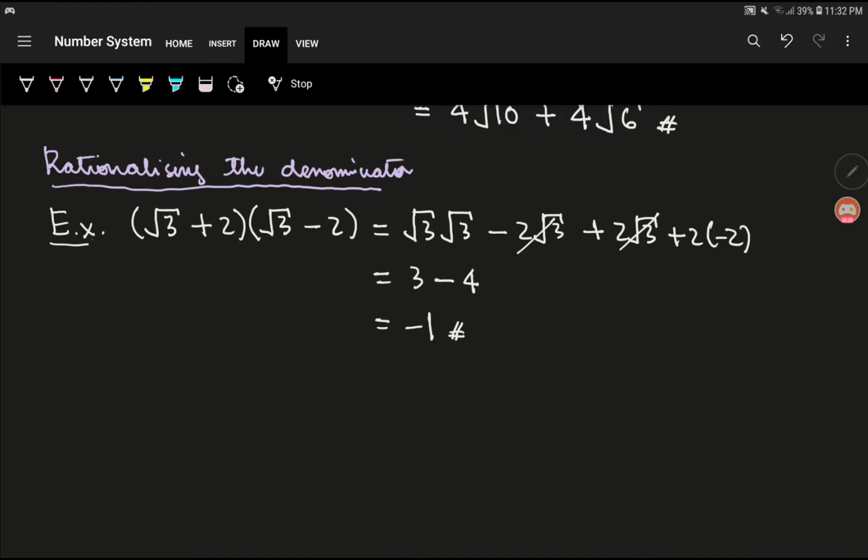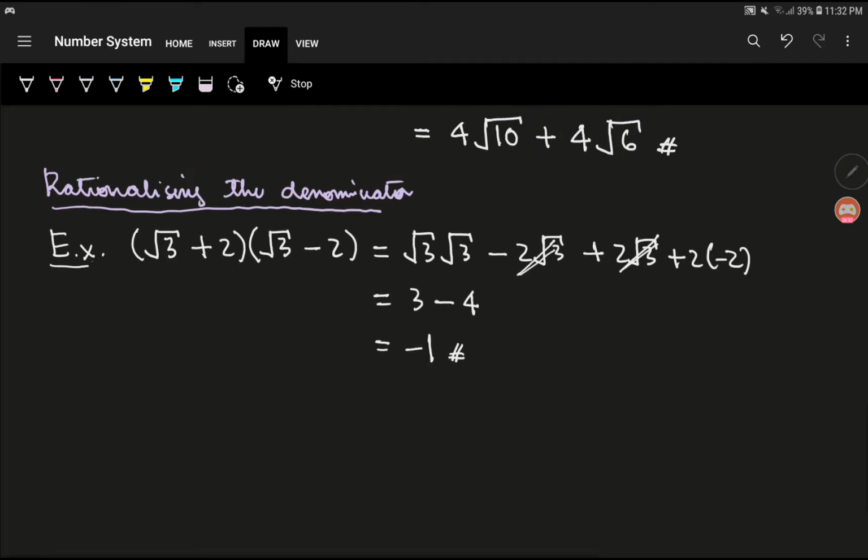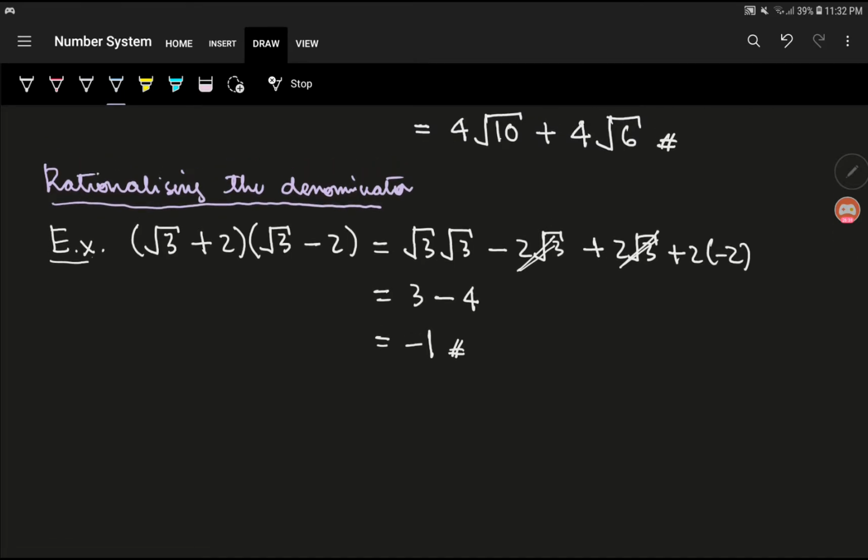Surd 3 multiply surd 3, in terms of rational index, we can rewrite as 3 to the half multiply 3 to the half.